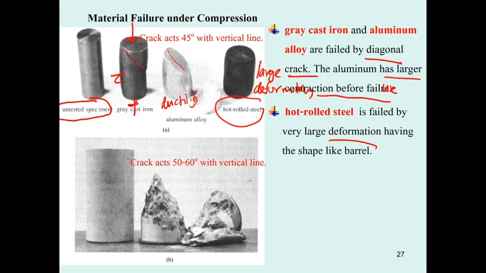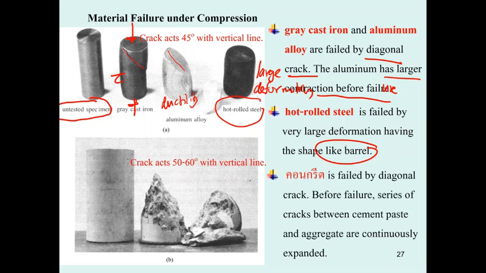And for the concrete, it fails with a diagonal crack similar to gray cast iron and aluminum. However, the crack has a larger angle. Due to what?